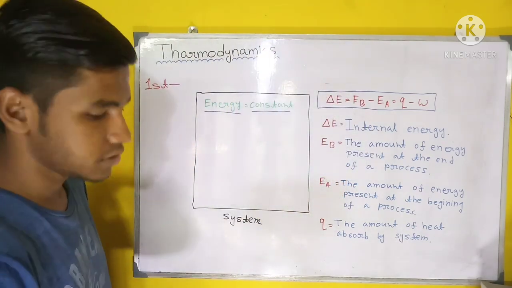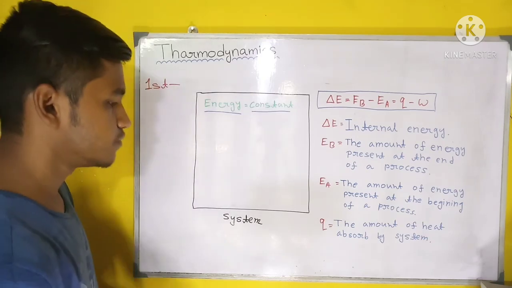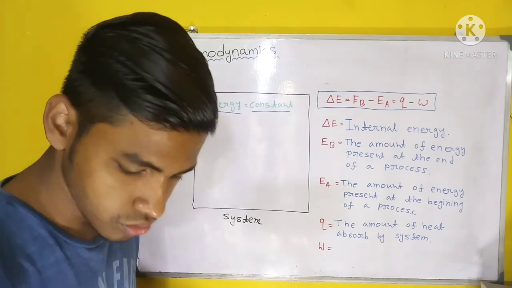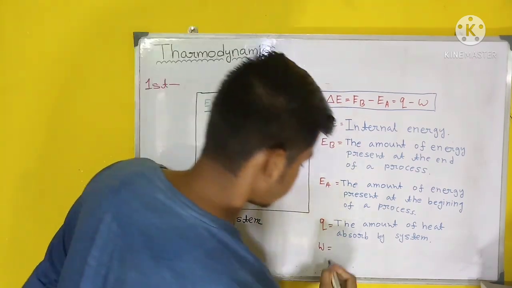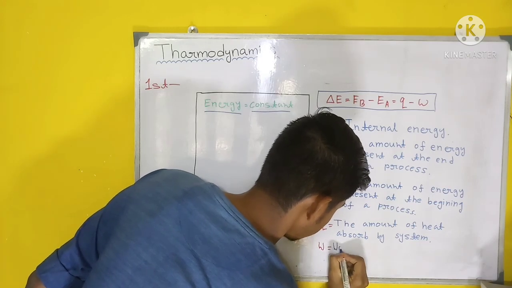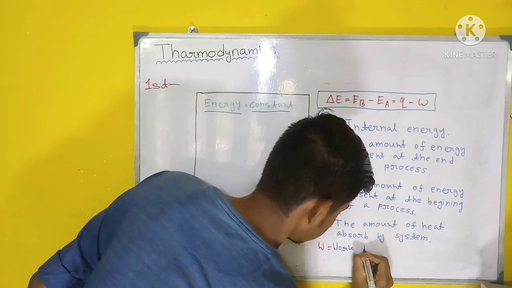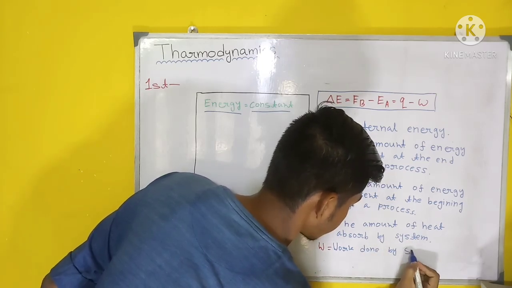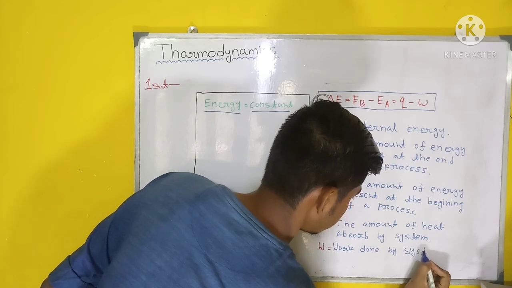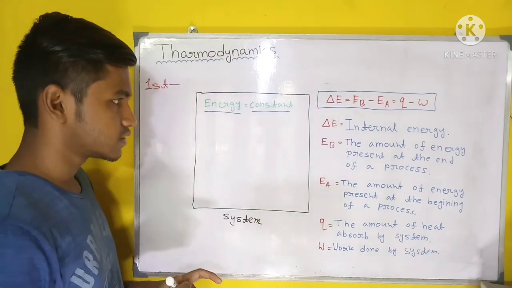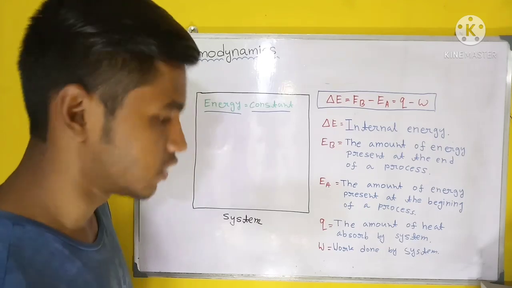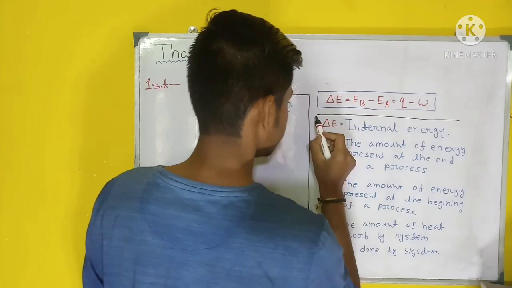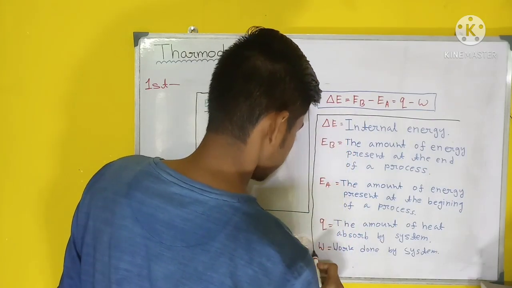And now guys, we'll be talking about W. W is actually work done by the system. So these are actually the parameters in this formula, guys.